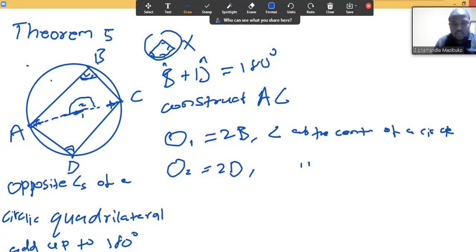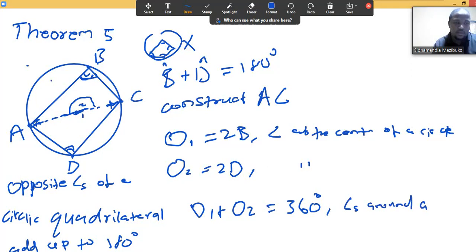So let's look at O1 plus O2. O1 plus O2 will be 360 degrees. And what is the reason? Angles around a point, because we're looking at this point O here, so they make 360 degrees.